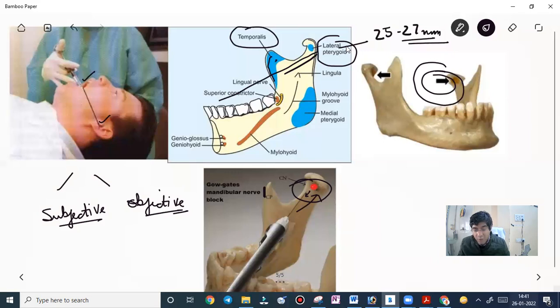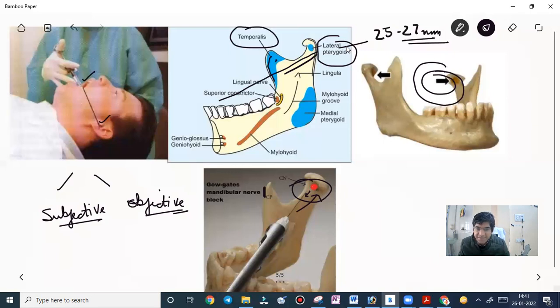There would be lower lip anesthesia due to the anesthesia of the which nerve? Mental nerve, a terminal branch of the inferior alveolar nerve. There will be the numbness of the tongue. Why? Due to the anesthesia of the lingual nerve, that is branch of the posterior division of the mandibular nerve.